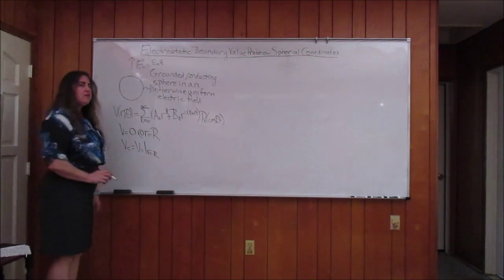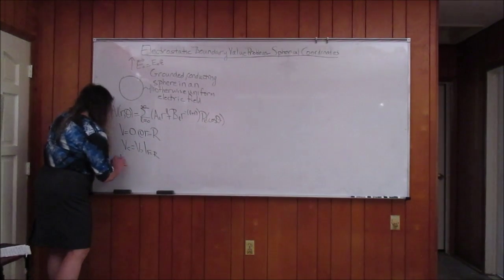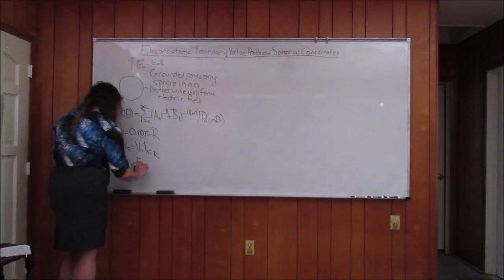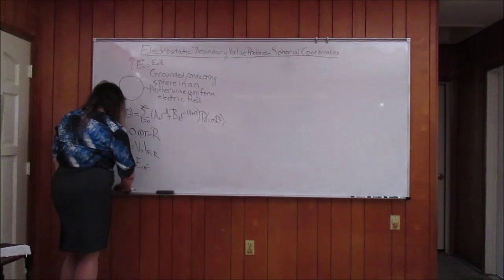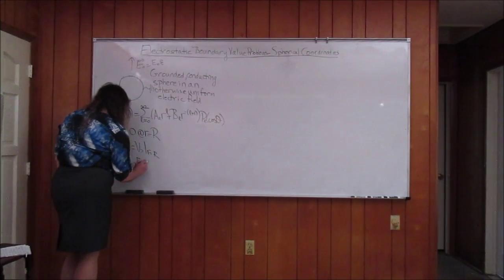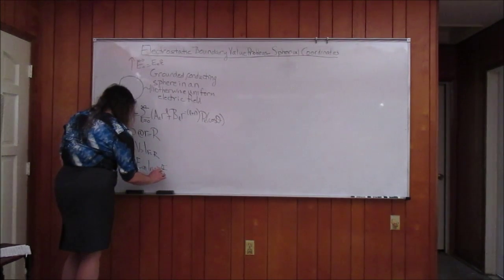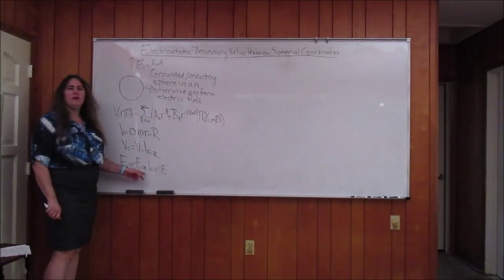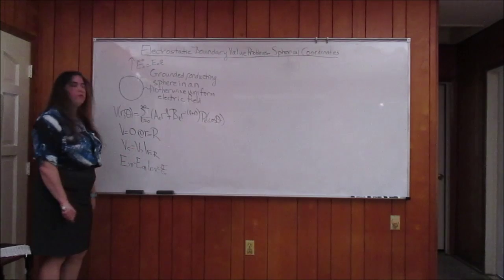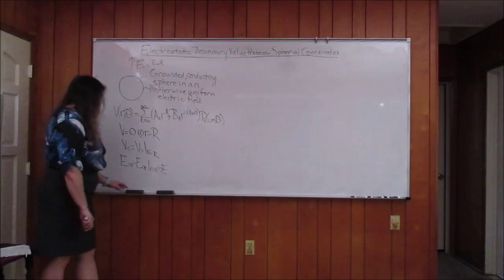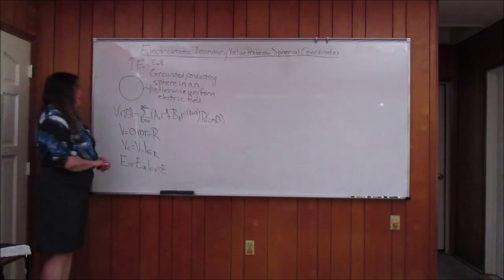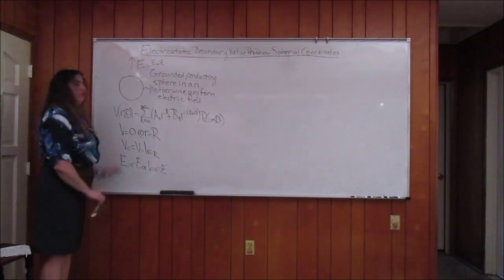We also know there's a discontinuity in the normal component of the electric field at the surface of the sphere, equal to the surface charge density over epsilon naught. Right now that's not going to help us because we don't know what the surface charge density is. You need to figure out the potential some other way.